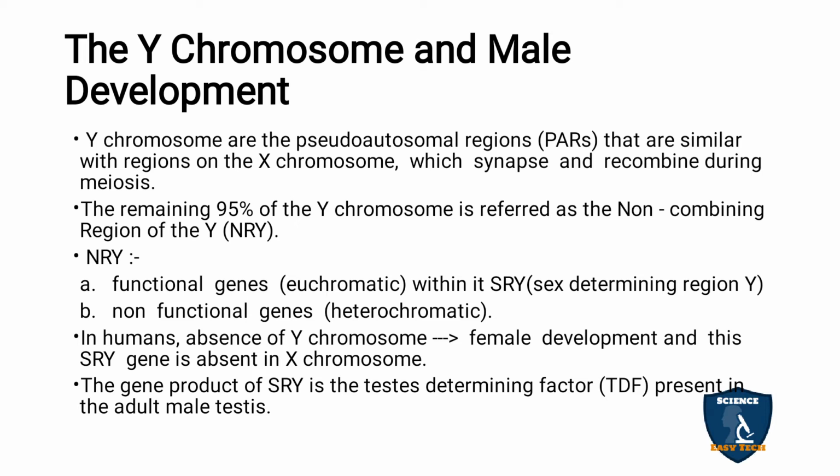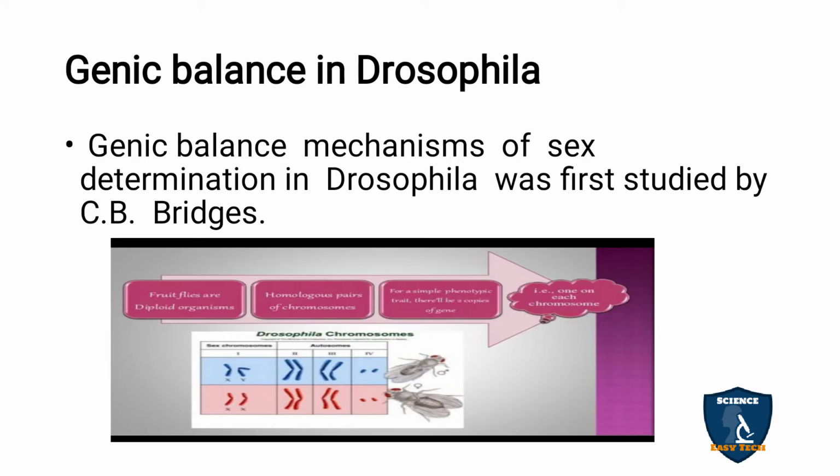In humans, the absence of Y determines female development, and the SRY gene is absent in the X chromosome. The gene product of SRY is the testis determining factor, TDF, present in the adult male testes. Now we are going to see the topic in detail, genic balance in Drosophila.